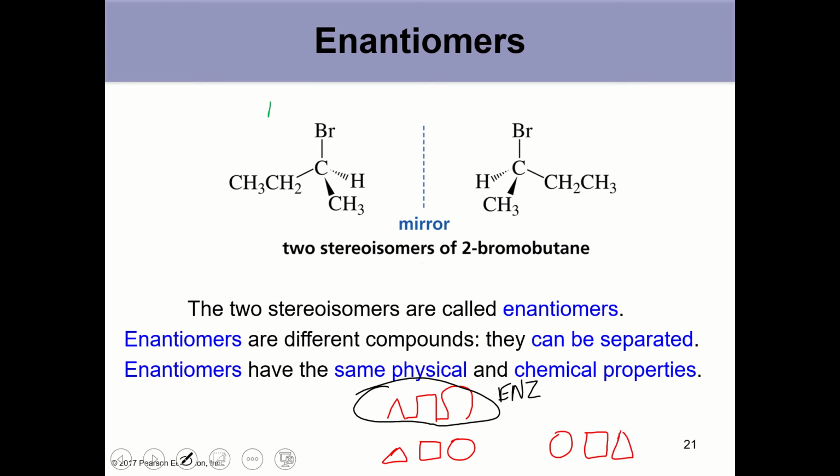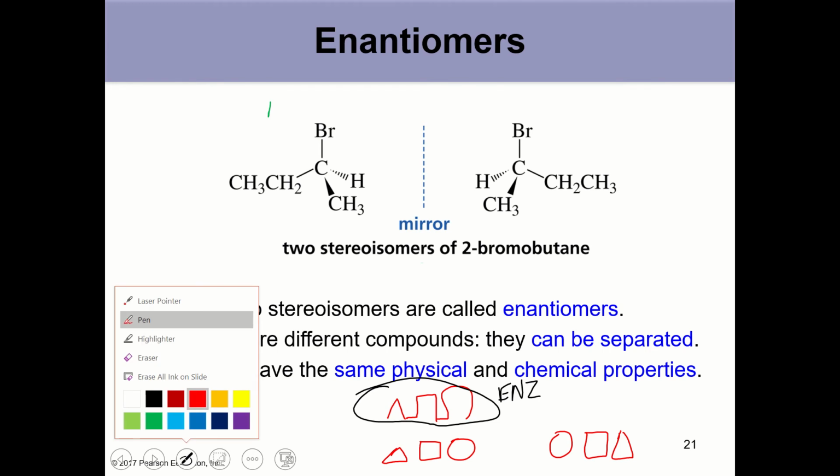And then if I try to take the mirror image molecule and put it into the enzyme, it will not fit because the circle would overlap with the space intended for the triangle. And that is the biological significance of enantiomers.